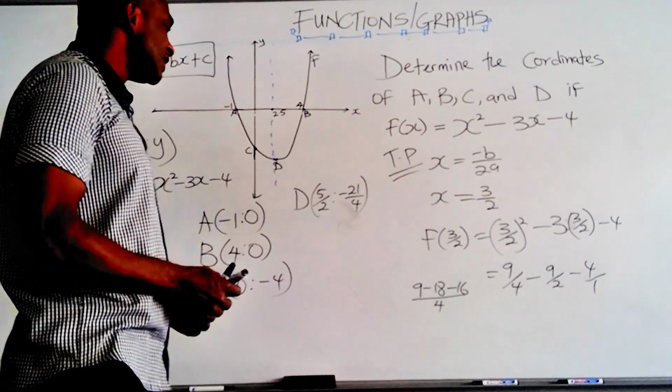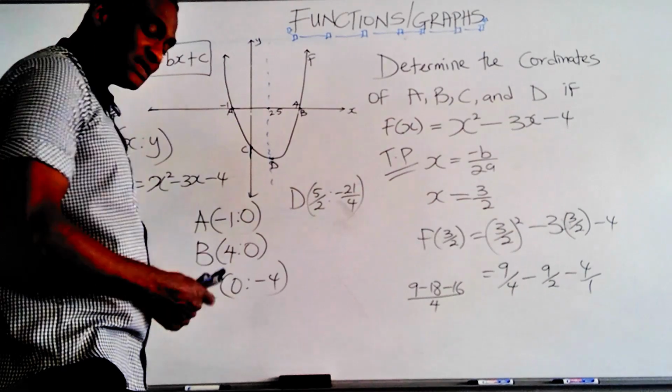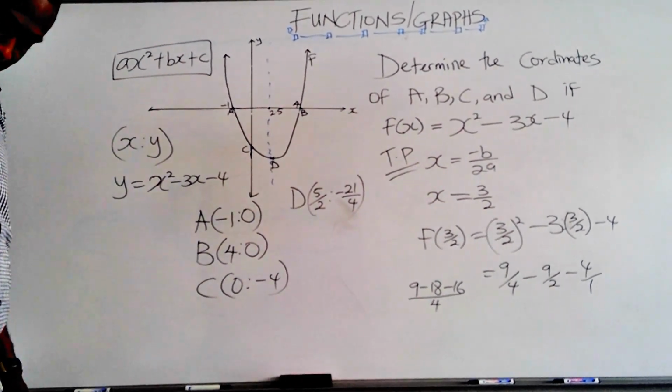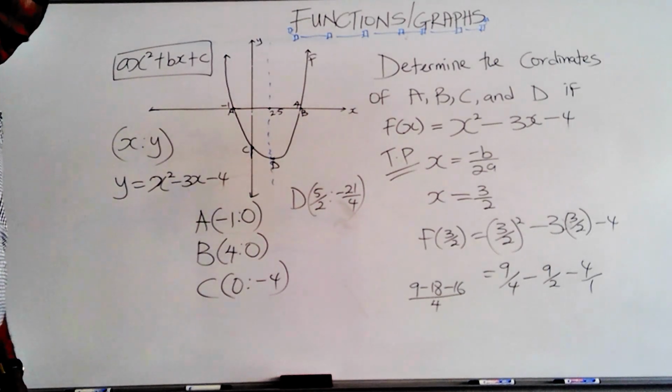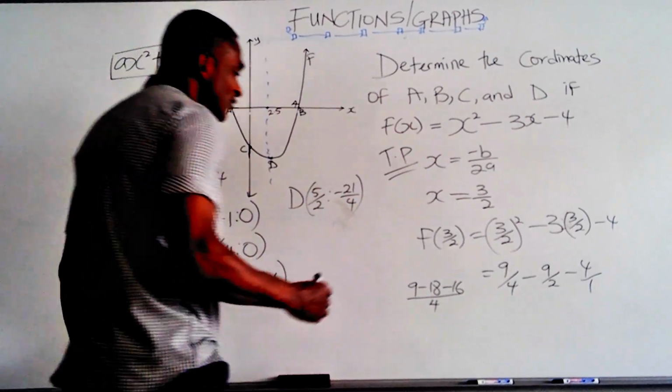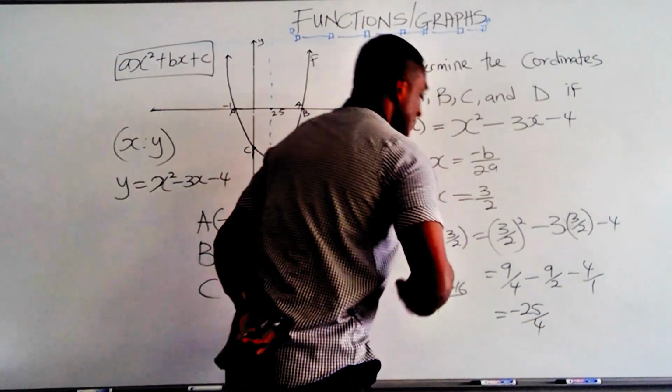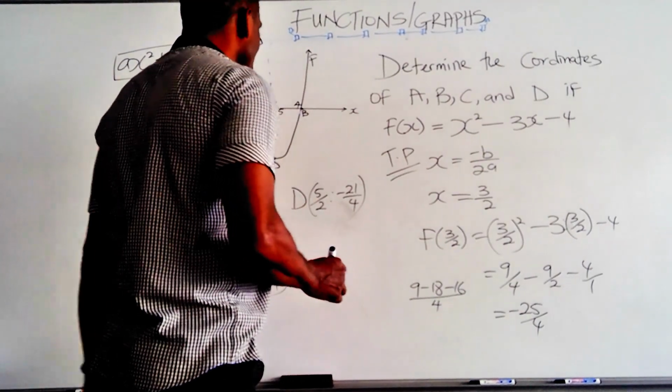So 9 minus 18 minus 16 is minus 25. It's minus 25 over 4. So that gives us the y value.